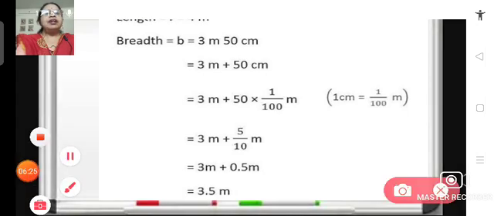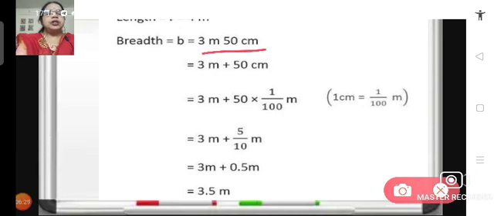So, length is given as 4 meters, breadth is 3 meter 50 centimeters. So, we know 3 meters 50 centimeters can be written like this, 3 meters plus 50 centimeters, and 50 centimeters can be written as 50 multiplied by 1 upon 100, or directly you can write it as 50 upon 100. Why?